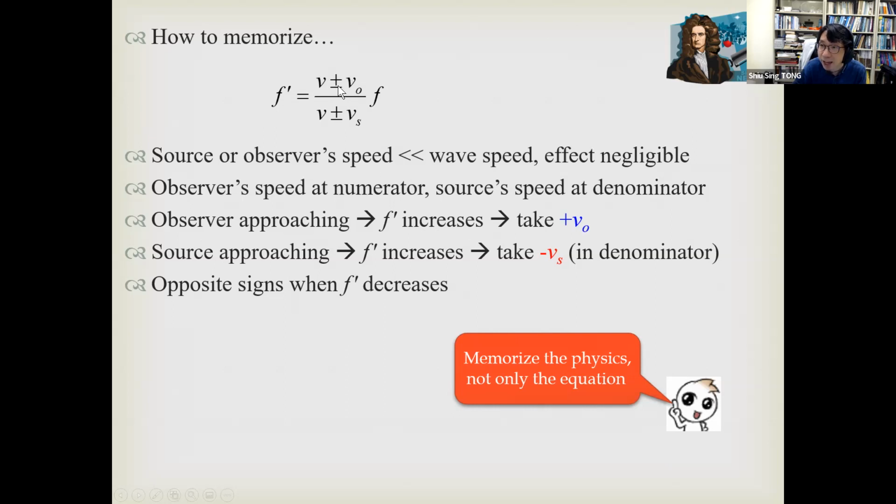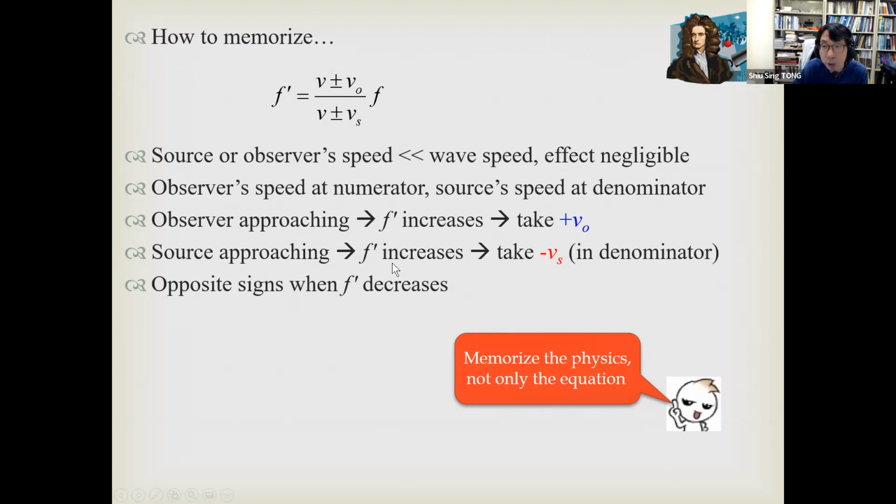If you take the plus sign, then the numerator will be larger, and that makes F prime increase. And so for the case when the observer is approaching the source, you should take the plus sign. And on the other hand, if the observer is receding away from, is moving away from the source, you should take the negative sign for V0. Is that clear?